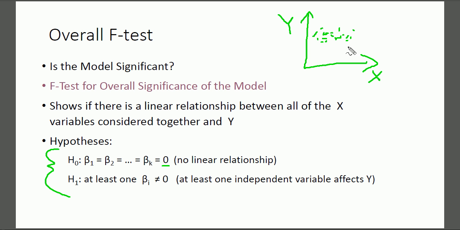In other words, there's no relationship between x and y here. Because look what happens. As I move along the x-axis, what happens to y? Nothing really, right? So if I were to summarize these points, I would come up with a flat line. What's the slope of a flat line? Slope of a flat line is 0. So having a slope of 0 is another way of saying that there's no relationship between this guy and this guy.